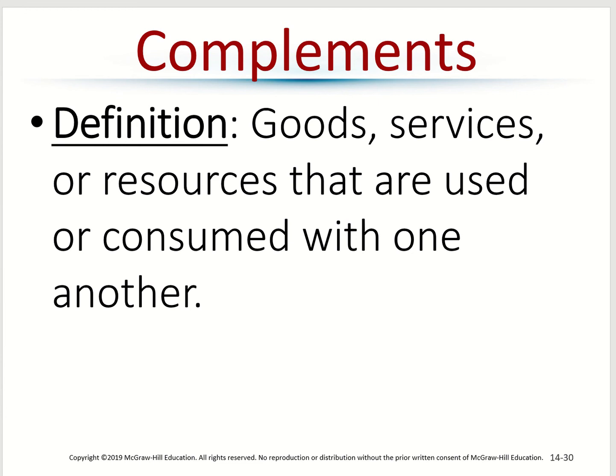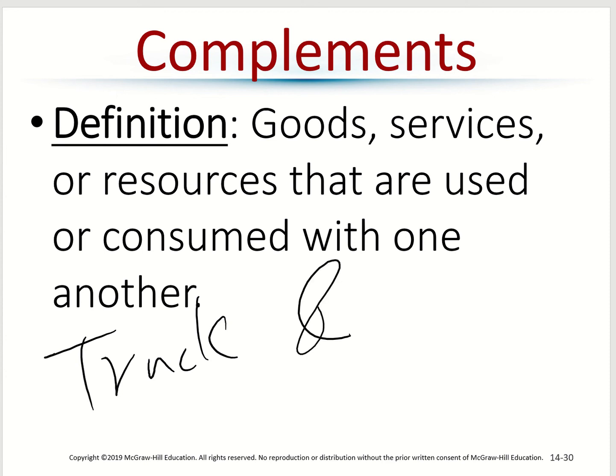The next one is called complement. It's the other one. That means goods, services or resources that are used together with one another as a bundle. Think about a truck and truck drivers.